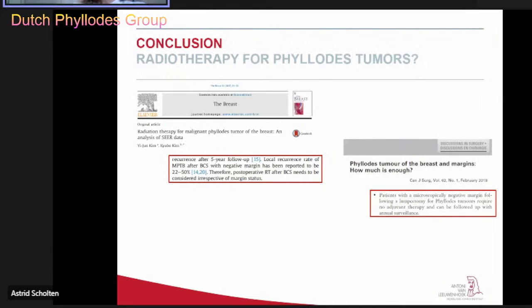So we don't know yet whether or not to give radiotherapy for all Phyllodes tumors. Some say post-operative radiotherapy after breast-conserving surgery needs to be considered, irrespective of margin status, whereas others state that with a microscopically negative margin, you can just wait and see, and no adjuvant treatment is indicated.